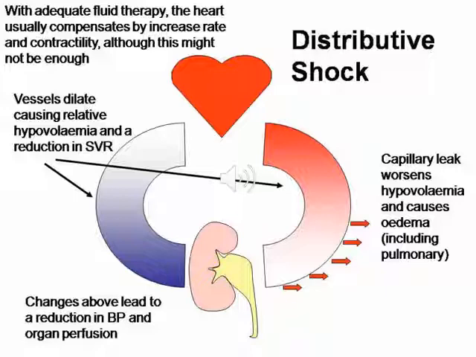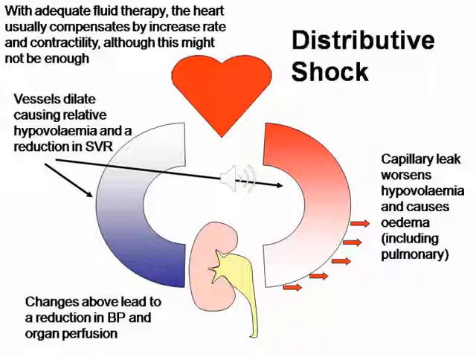But the problem is in the severe vasodilatation in the venous and the arterial circulation. With adequate fluid therapy, the heart usually compensates by increasing the heart rate and contractility, although this might not be enough. The vessels dilate, causing relative hypovolemia with severe reduction in the systemic vascular resistance.